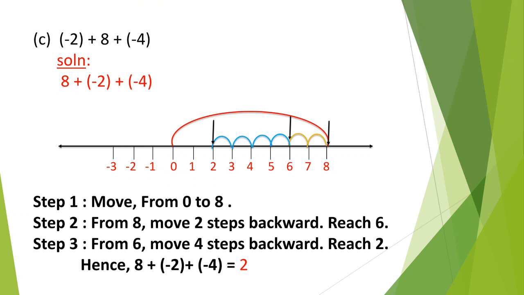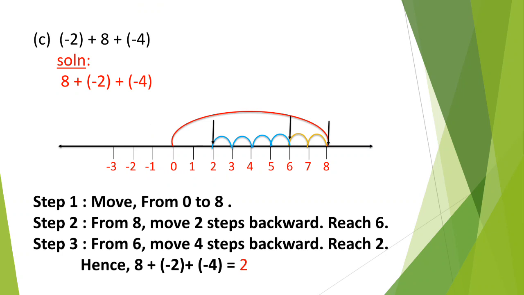Minus 4. For minus 4, we want to come 4 steps backward. Where are we now? Now we are at 6. From 6, we have to come 4 steps backward. 5, 4, 3, 2. We came 4 steps backward and reached 2.